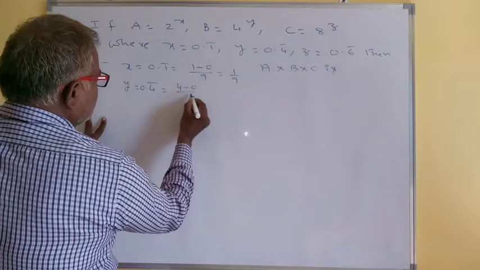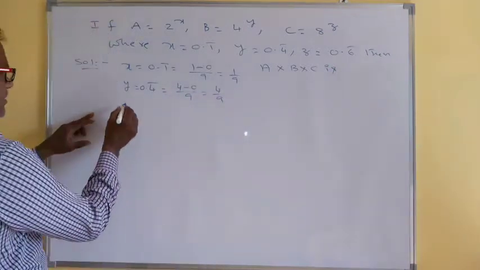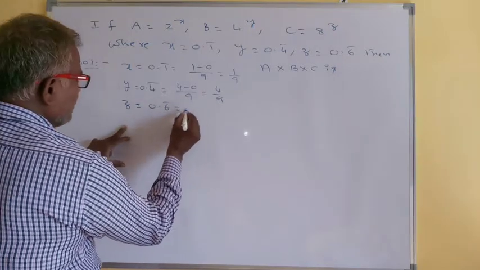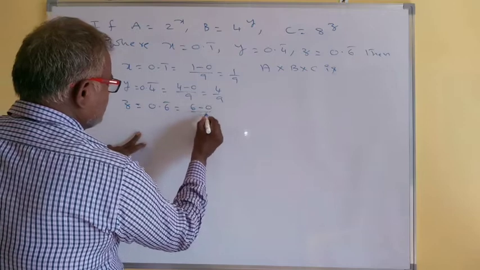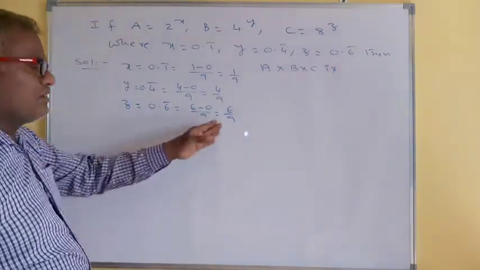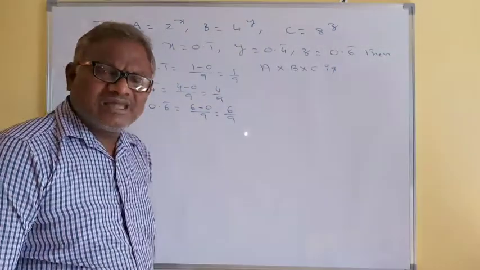That means 4 minus 0 by 9 is nothing but 4 by 9. Okay. Next z is equal to 0.6 bar. That means 6 minus 0 by 9, 6 by 9. Okay. No need to simplify it because already under denominators all are equal.